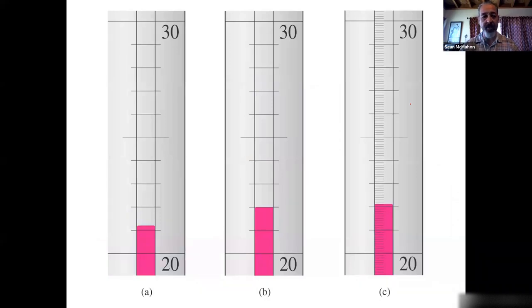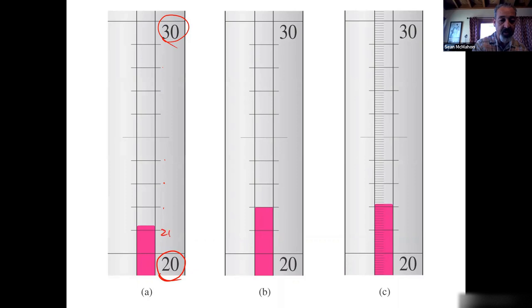Let's do a couple examples to make better sense of that. So in this volumetric measuring device, we have 20. Here we have 30. Okay. So between 20 and 30, there's 1, 2, 3, 4, 5, 6, 7, 8, 9, 10. There's 10. So each graduation, right?